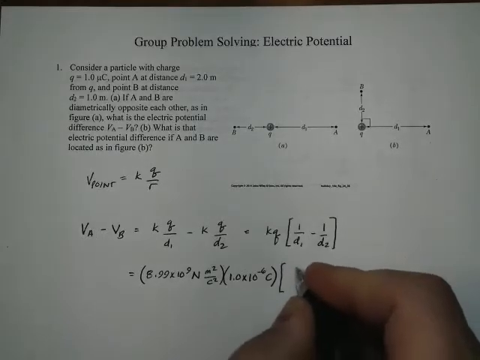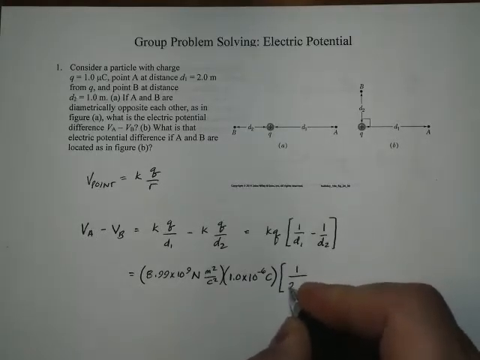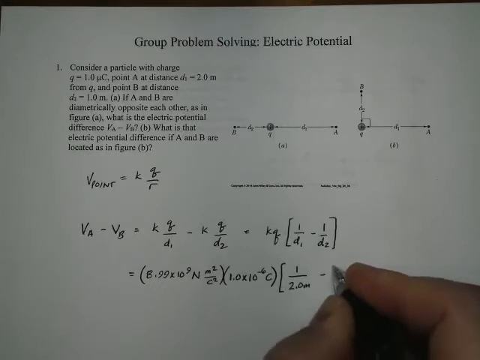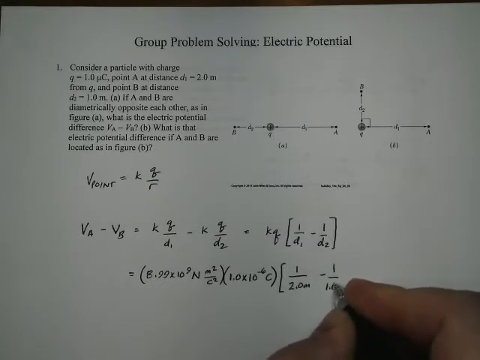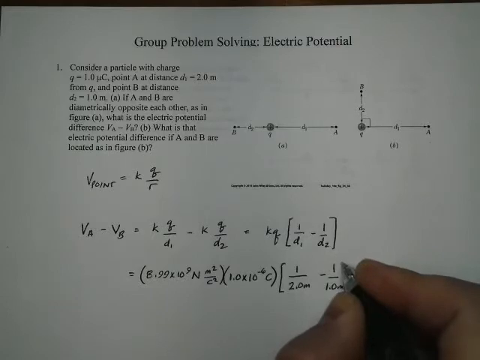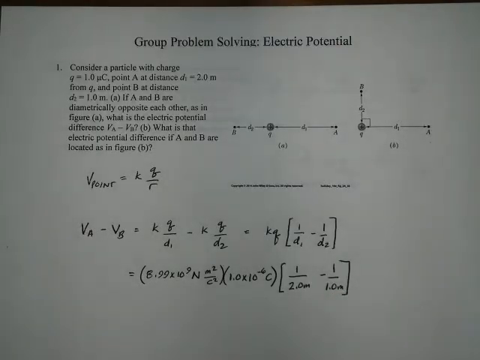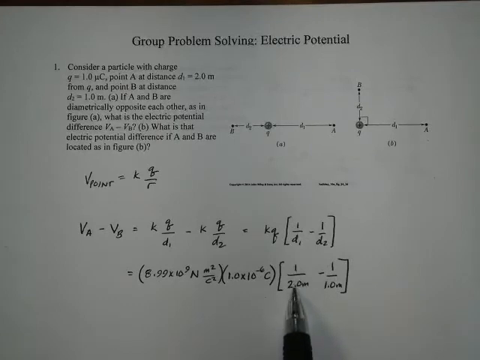And then we have 1 over 2 meters minus 1 over 1 meter. So let's see, 8.99 times 1 is 8.99. 10 to the 9th times 10 to the minus 6 is 10 to the 3rd. So this would be 8.99 times 10 to the 3rd, or 9 times 10 to the 3rd. In the parentheses, we have a half minus 1, so that's a negative 1/2.